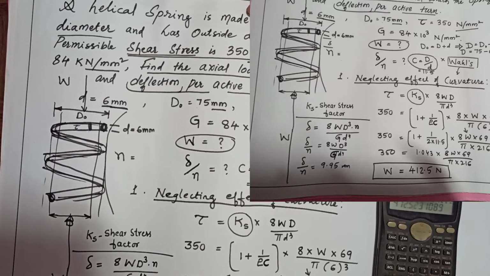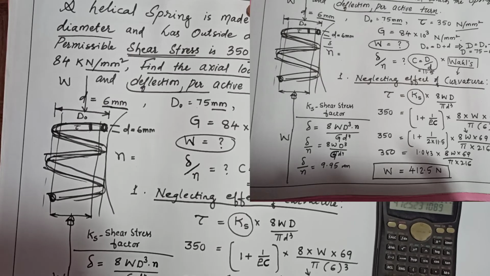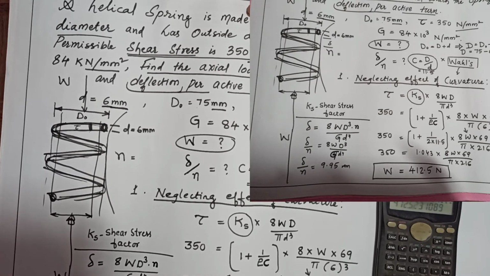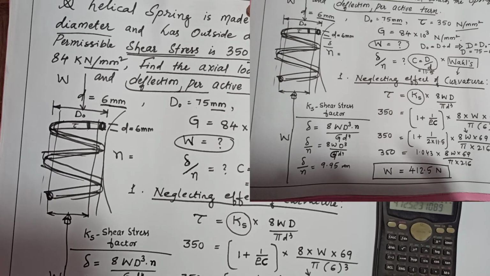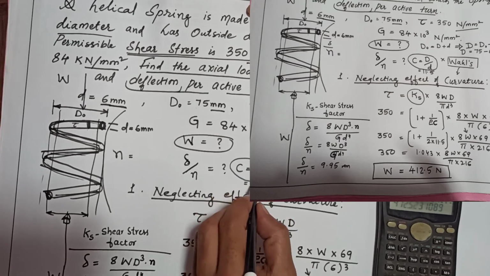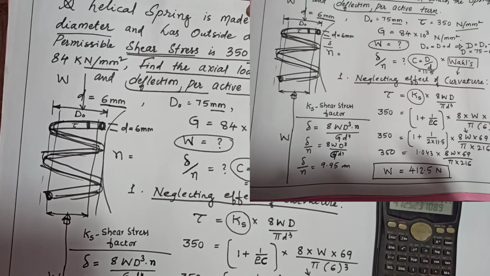That is the difference. Okay, so now here small n you can observe. So now we can modify that equation where delta by n is equal to 8W d cube by G d power of 4. Or also you can make the modification where D by d, that is equal to C. So you can write C by d also, because D cube will be C cube by d.